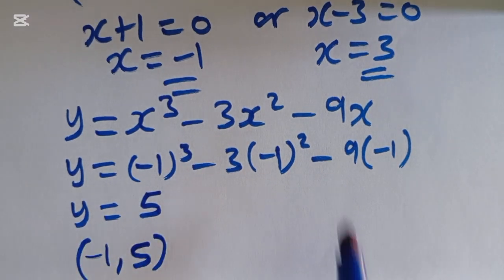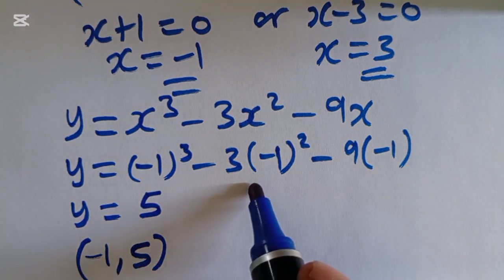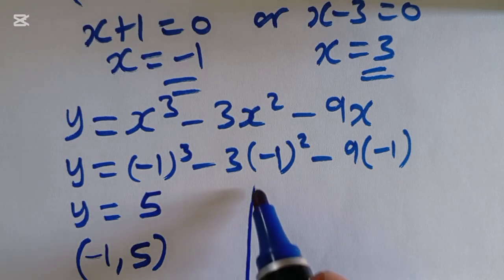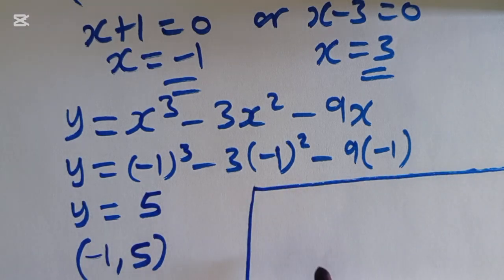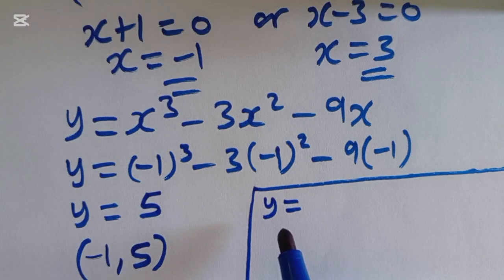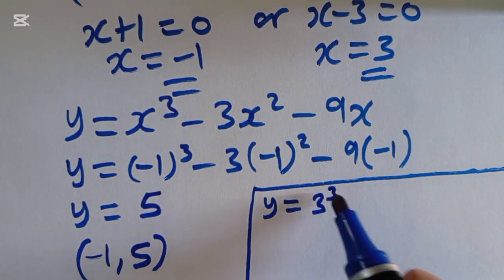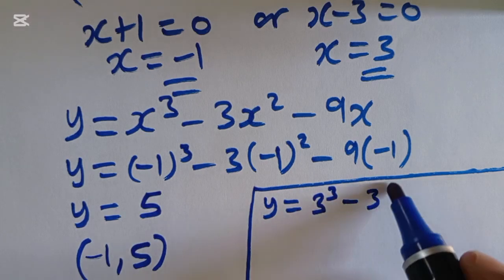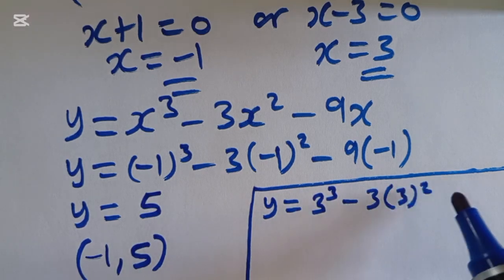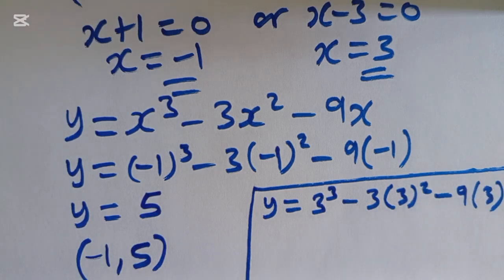Now let's go when x is 3. So y is equal to, where there is x, we substitute 3. So it will be 3 to the power 3 minus 3, 3 to the power 2 minus 9 times 3.